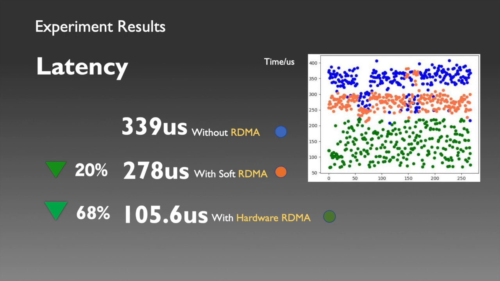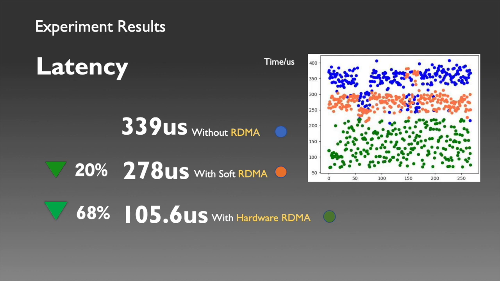We have tested both the software-supported RDMA and the hardware-supported RDMA. A traditional network communication has 339 microsecond delay, while our RDMA method costs only 278 microsecond delay with software acceleration, and 105 microsecond with both software and hardware acceleration.